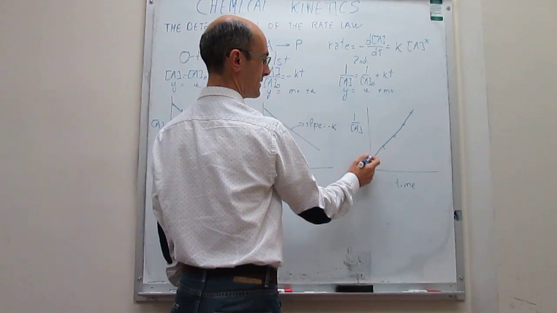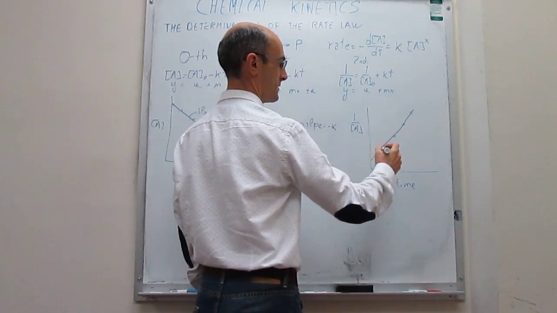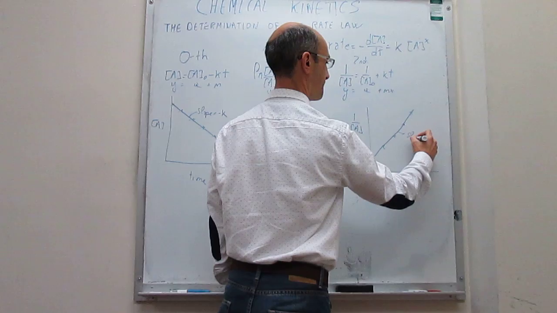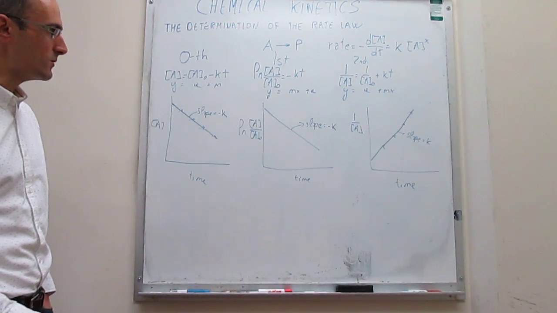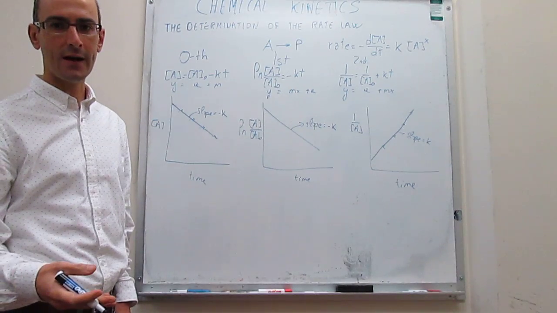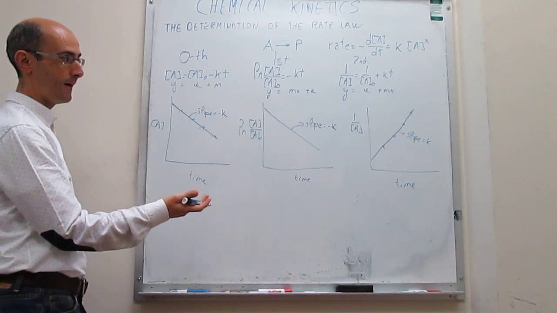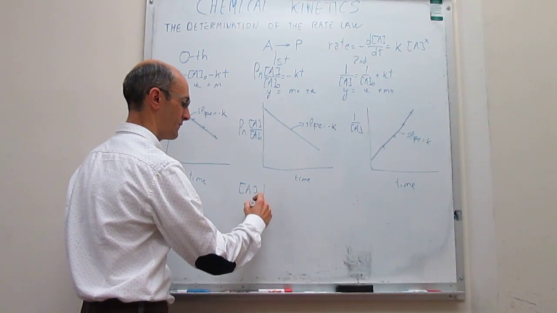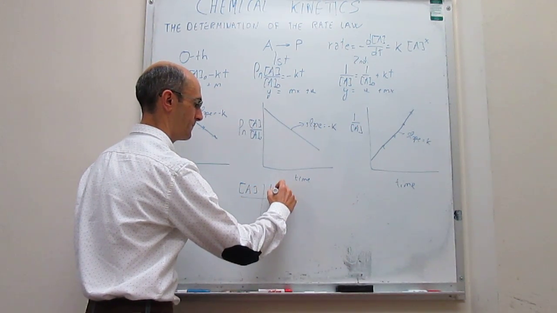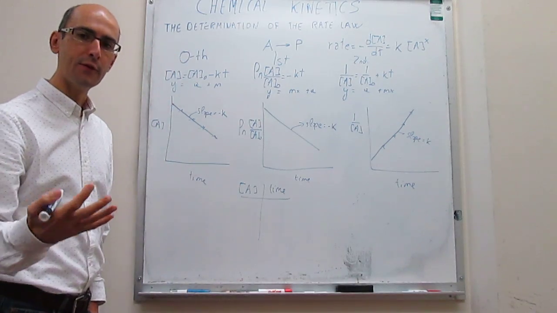And the intercept with the y-axis would be equal to 1 over A naught. And the slope is equal to k. So again, that's the way to figure out the reaction order and the rate constant for a reaction. Again, what you will do is try to measure the concentration of A as a function of time, and then you would do 3 plots.